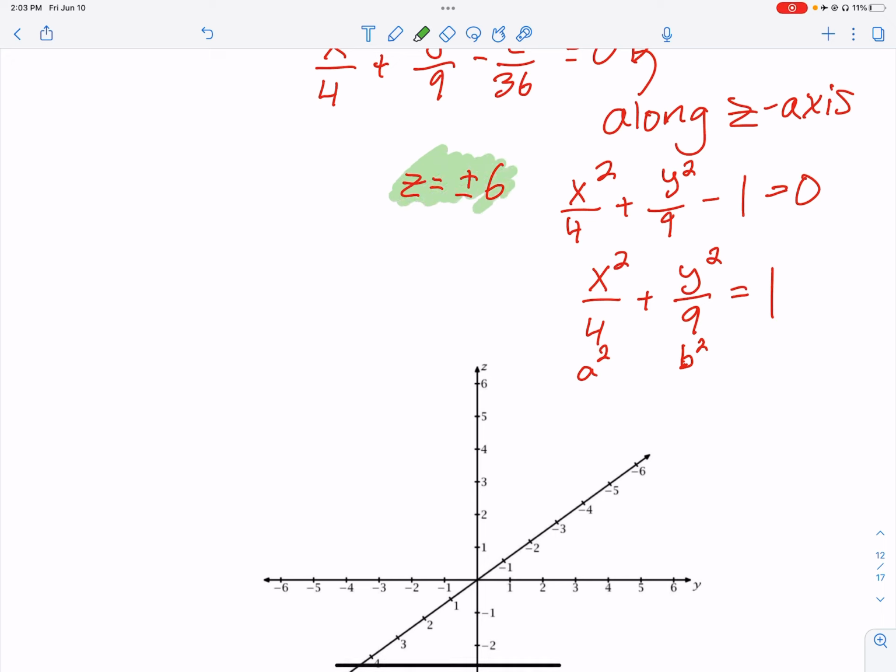I also need the tick marks. I'll just do my best to eyeball it.